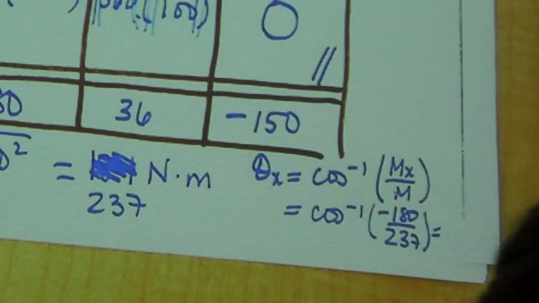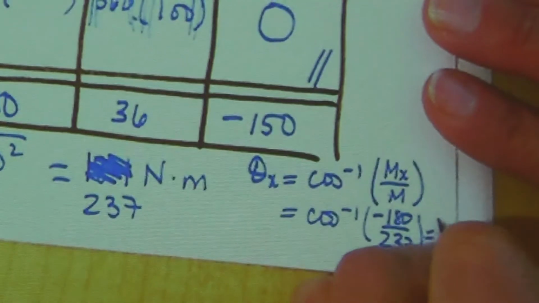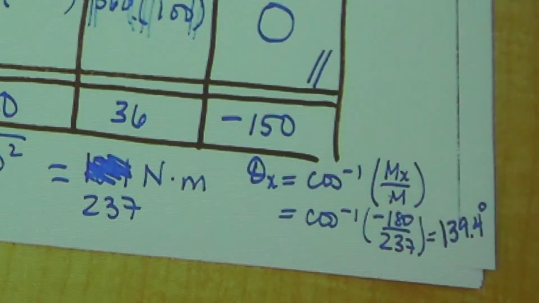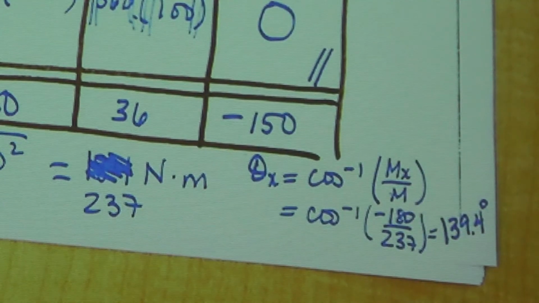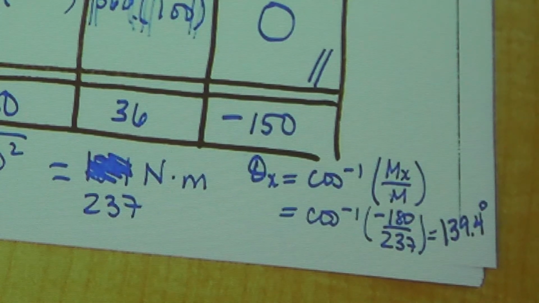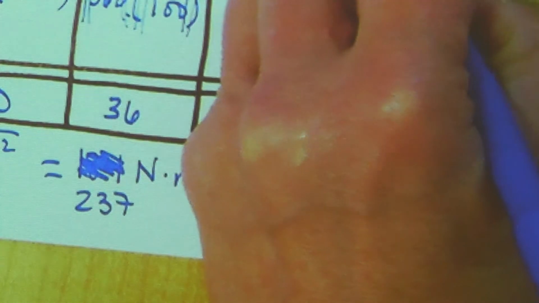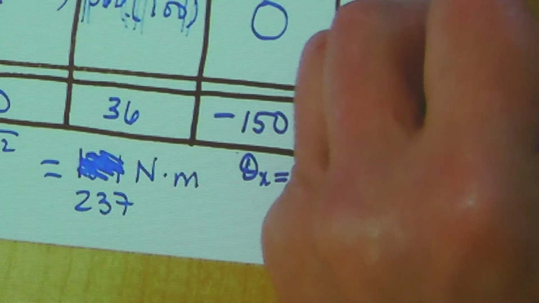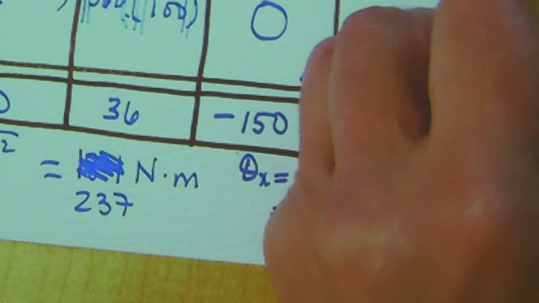Okay, what is it? 139.4. Does it make sense that it's obtuse? How come? Because it's a negative value. And then how do I calculate theta y? The inverse cosine of what over what? 36 over 237.